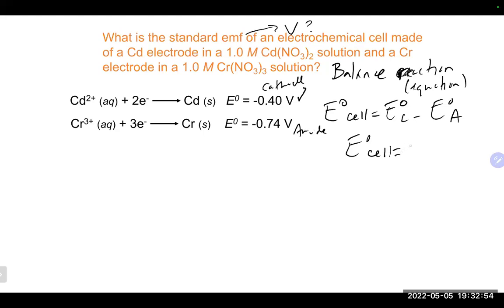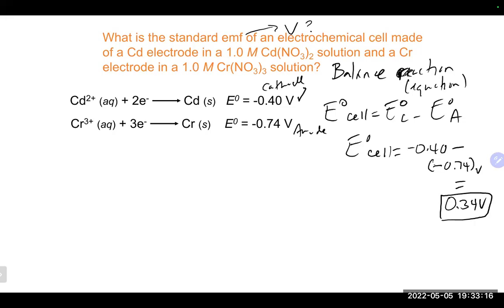This would give us our minus 0.4 minus our minus 0.74 volts. And I believe that's 0.34 volts, if I am not mistaken. In this particular case, that would be our cell voltage. Question on that one?